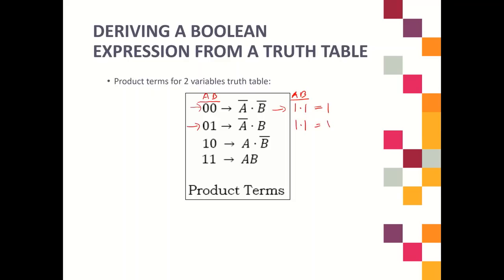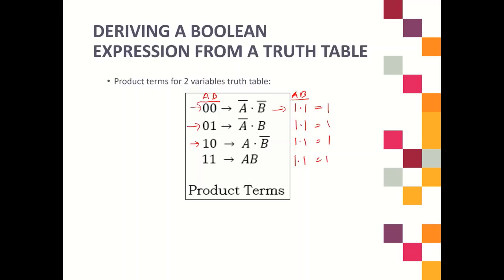For the third one, 1 0, you need to complement your B, so here you get 1 and 1 also, so you get 1. And for the last one, you do not have to complement either value, so 1 AND 1, you get 1.